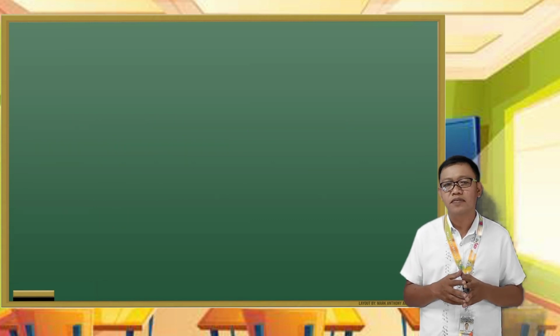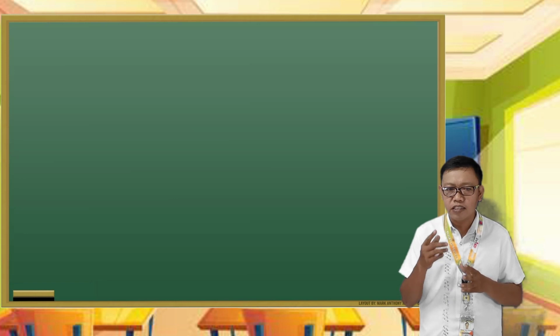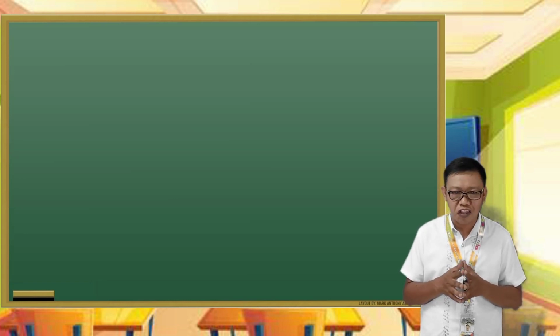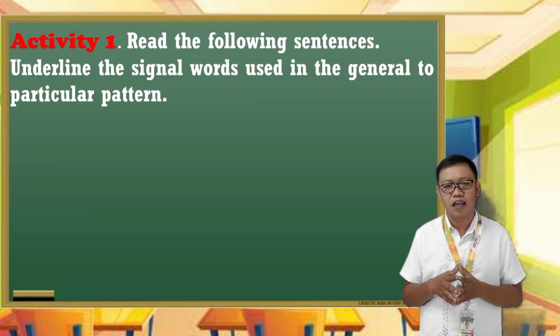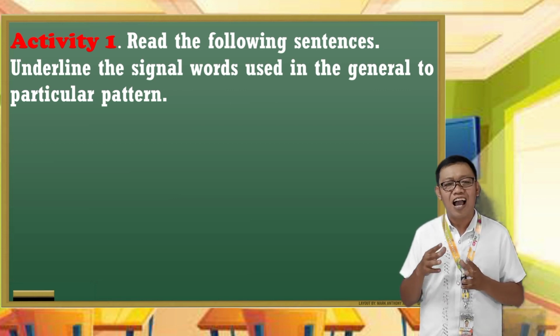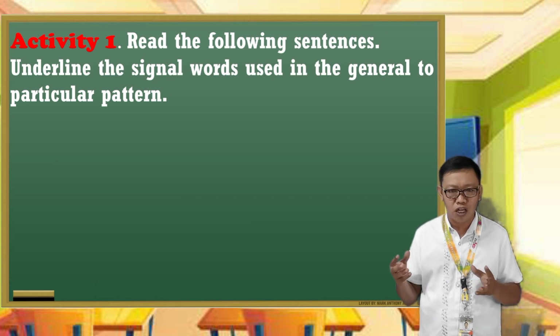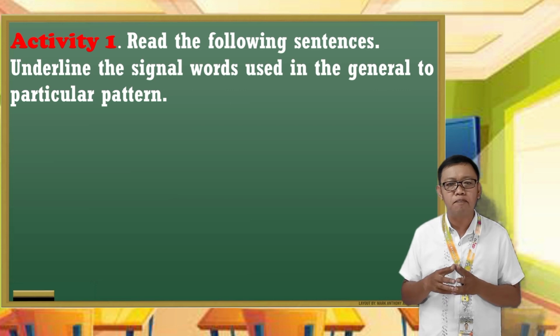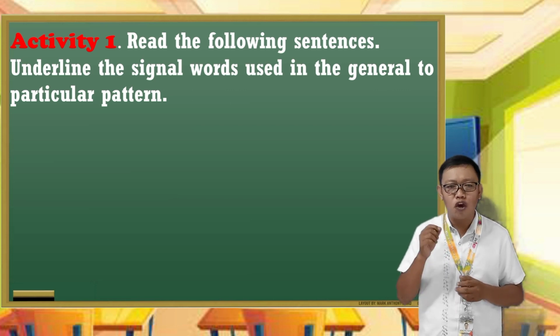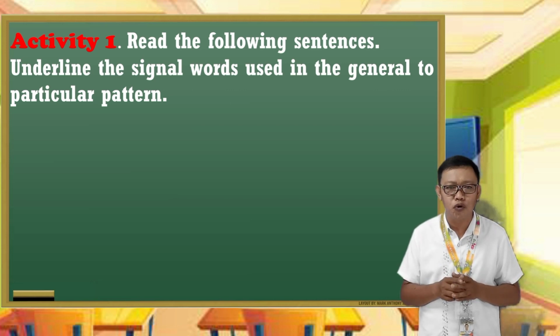Now people, for us to know, let's have an activity number 1. Okay? Direction is, read the following sentences and then underline the signal words used in the general to particular pattern. That means you have to use your module.